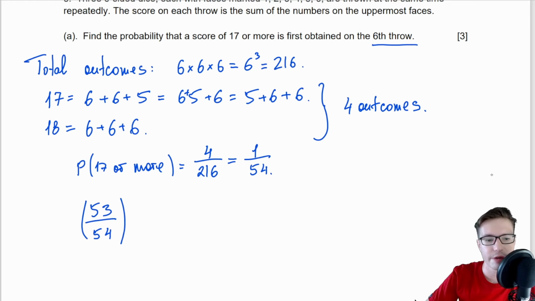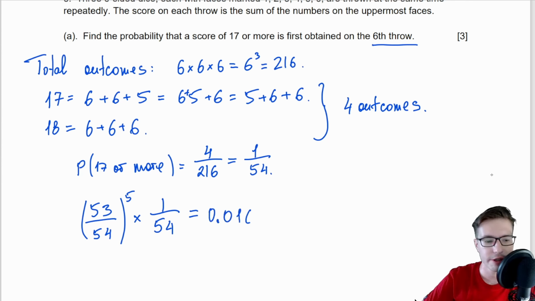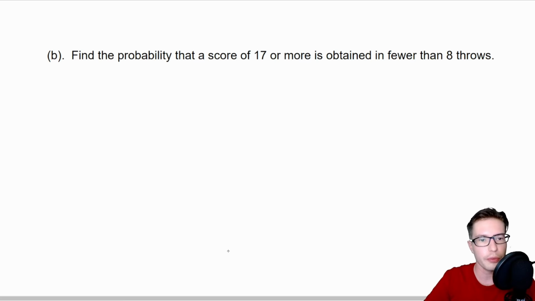That should happen 5 times in a row. And the last probability should be 17 or more. And when I calculate this, I will get 0.01687. And let's give it correct to 3 significant figures. 0.0169.